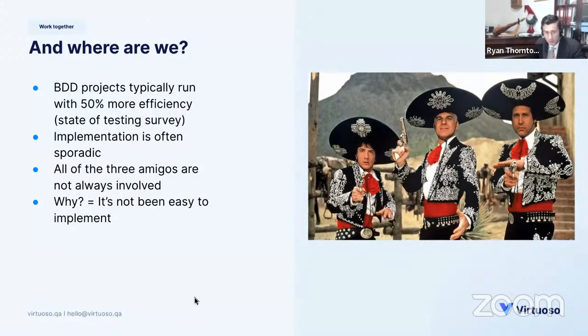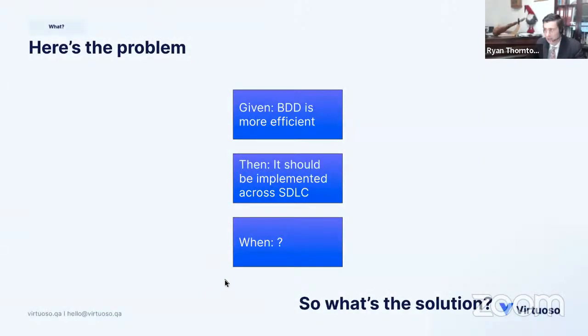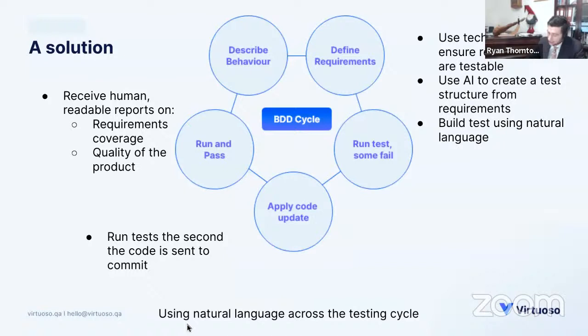That is another problem, which brings us into the state that I think in number 11 we can say we're at, and that is, given BDD is more efficient, then it should be implemented across the SDLC. When? Well, James, because he's the sales engineer, is here to tell you now. So if we move on to the next slide, I'll give an introduction as to why I genuinely think that is true.